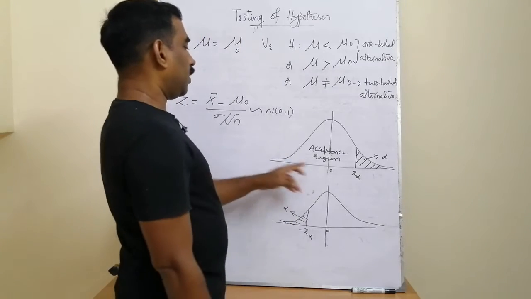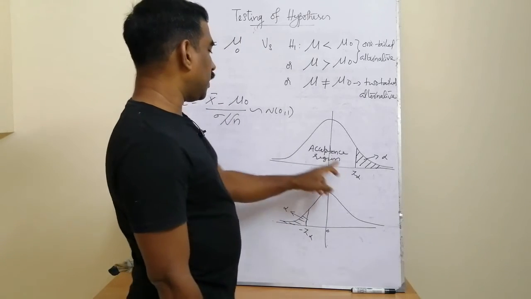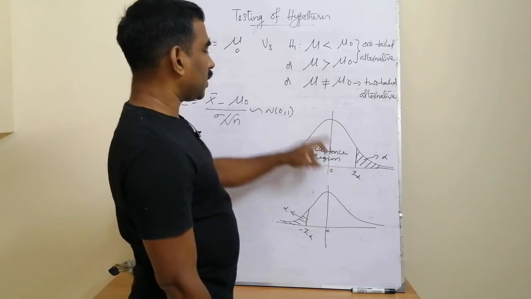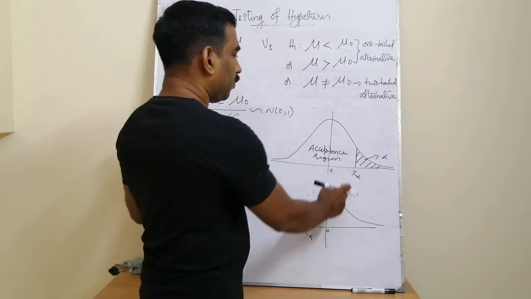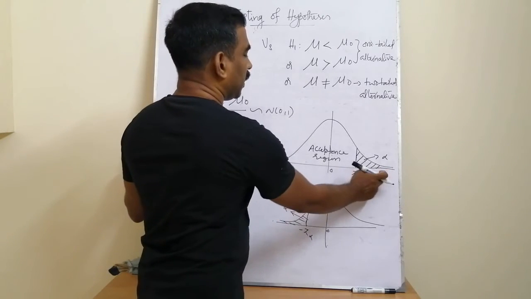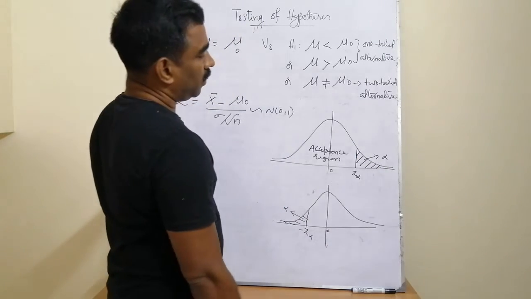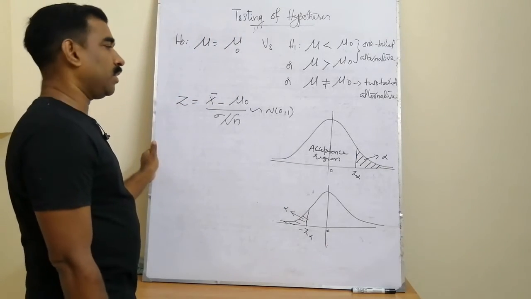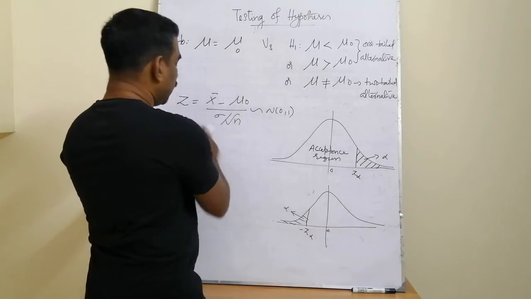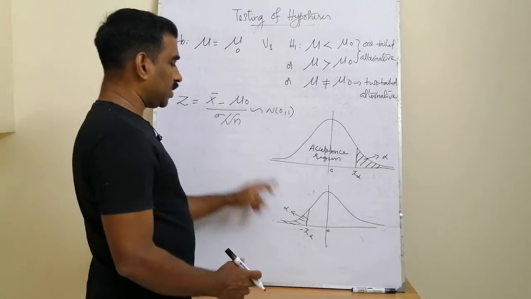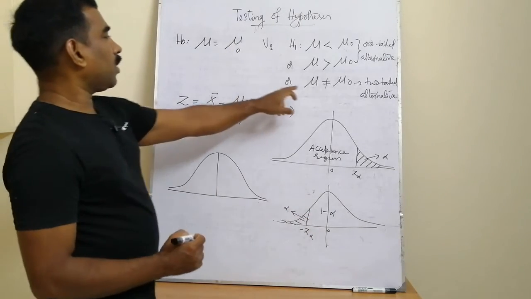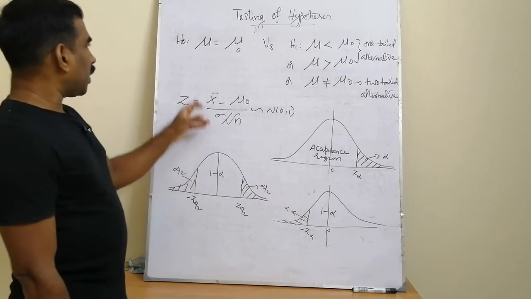If the computed values of the test statistic are strictly less than this z alpha, then we will accept the null hypothesis, otherwise reject it. So if the computed value of z is to the right of z alpha, we call it the critical region or rejection region, with some probability, say alpha. If the computed value of z is less than minus z alpha, we will reject the hypothesis, otherwise we will accept the hypothesis.